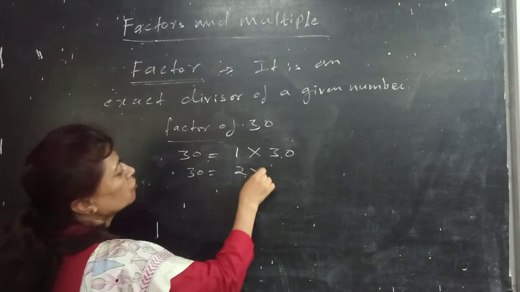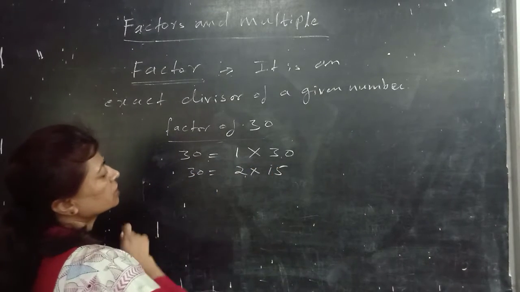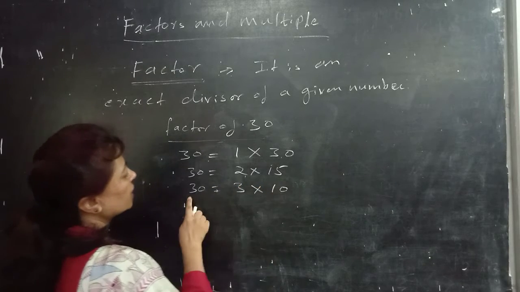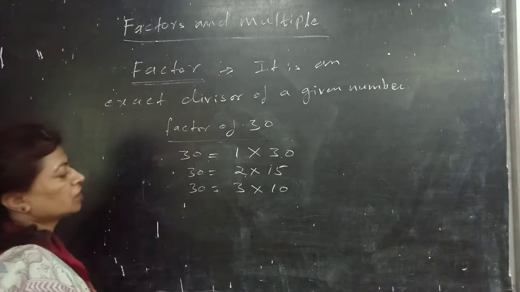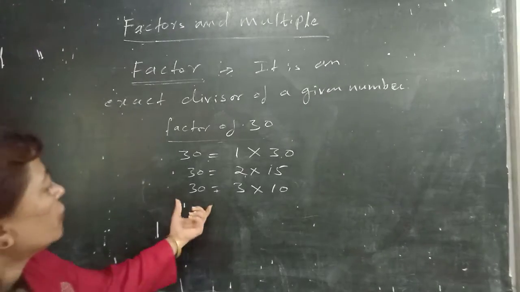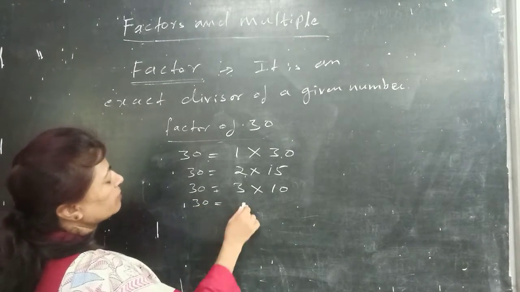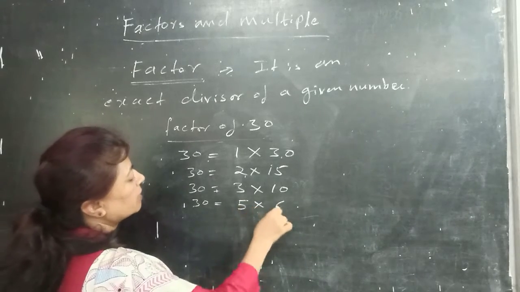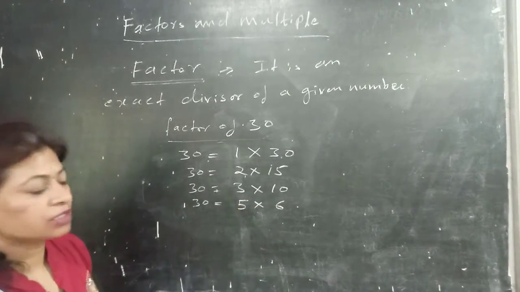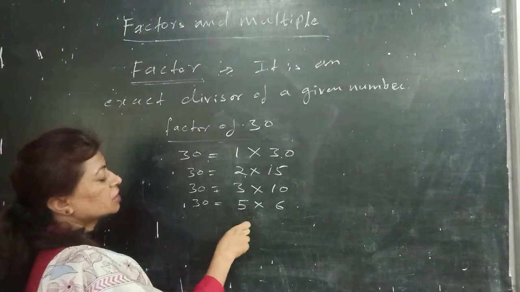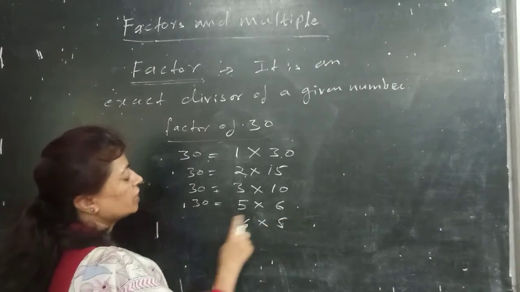If we multiply 2 by 15, we get 30. If we multiply 3 by 10, we get 30. Now if we move further, if we multiply 5 by 6, we get 30. Now if we move further to the table of 6, we get 6 into 5 will give 30.